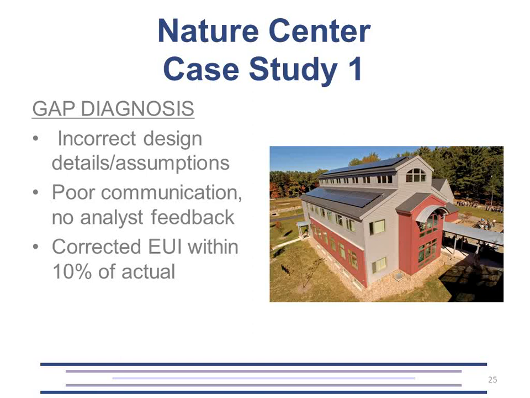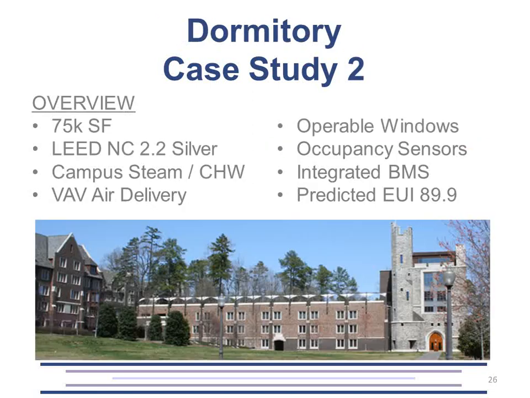At the very least, the installer should have communicated what that water table was to the design engineer. And from the design engineer's perspective, when they did make this pump change after the fact, that change should have been communicated to an analyst so that it could have been incorporated into follow-on results. None of that occurred. So: incorrect design details, poor assumptions, poor communication.